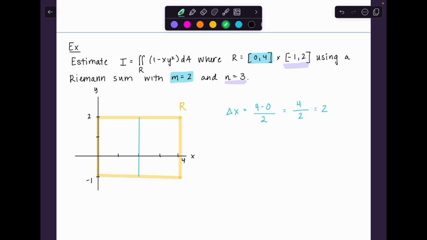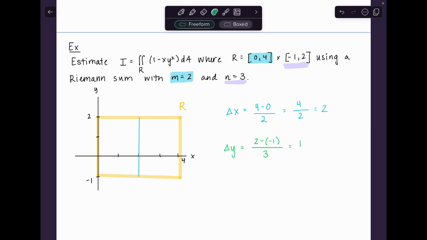Then my delta y, I want this to be in 3 subintervals, and this is length 3. Just to show you, you would take 2, subtract -1, and then divide it by 3. That gives you 3 over 3, which gives us 1.